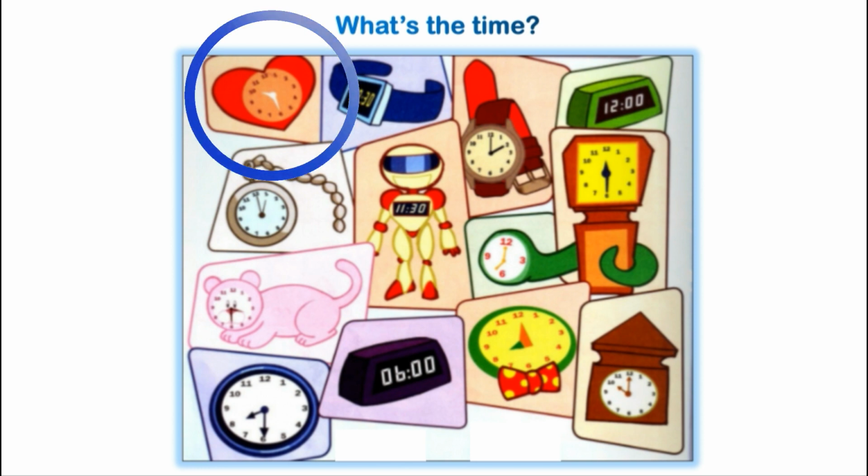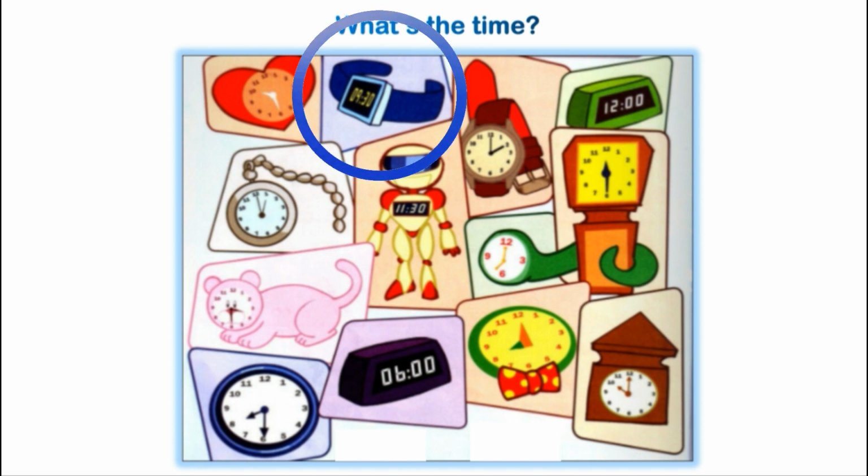So it's 10:30. The next one, let's look at the blue digital watch. The time shows 9:30. 9 hours 30 minutes. 30 minutes can be represented as half.